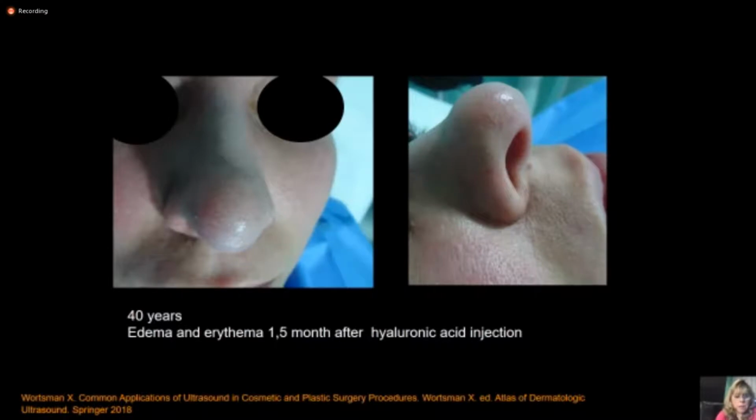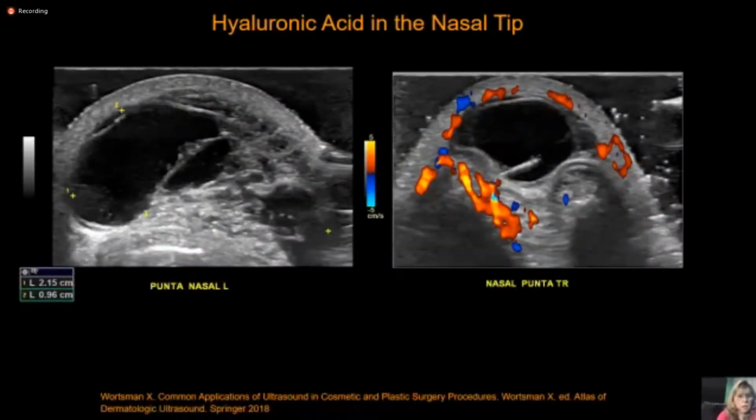Here you have a patient with edema and erythema one and a half months after the hyaluronic acid injection in the tip of the nose, and you can see the filler as pseudocystic anechoic structures in the subcutaneous tissue.